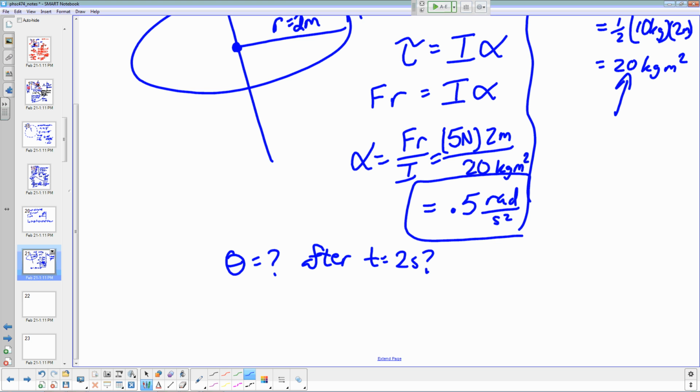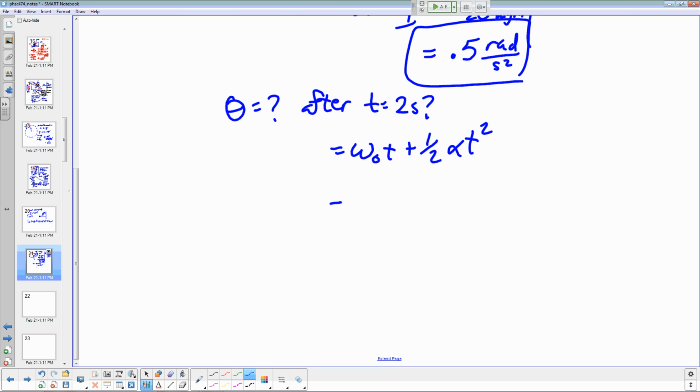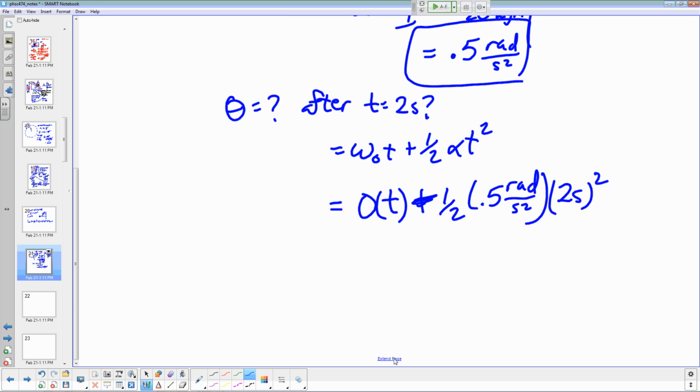Then I can just say theta is equal to omega naught t plus 1/2 alpha t squared. That's 0 times t, assuming it starts at rest, plus 1/2 of 0.5 times t squared, which is 2 seconds squared. It's 1/2 of 4, 2, that's 1 radian.